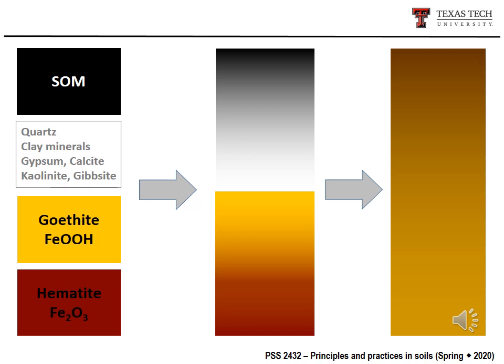And goethite will contribute to yellow color, and hematite will contribute to red color, for example. And since we have different amounts of soil organic matter, kaolinite, gibbsite, goethite, and hematite in the soil, of course, we have different colors.